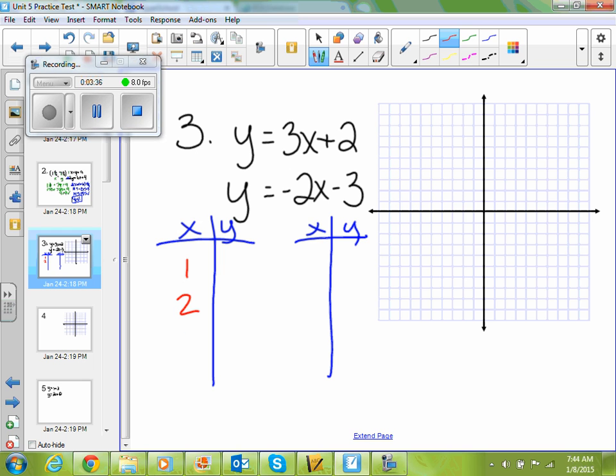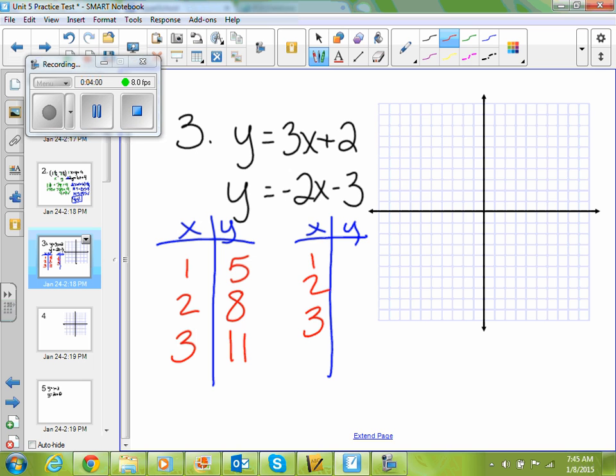If I use the x's 1, 2, and 3 for both of them, I plug in 1, 3 times 1 is 3, 3 + 2 is 5. I plug in 2, 3 times 2 is 6, 6 + 2 is 8. I plug in 3, 3 times 3 is 9, 9 + 2 is 11.